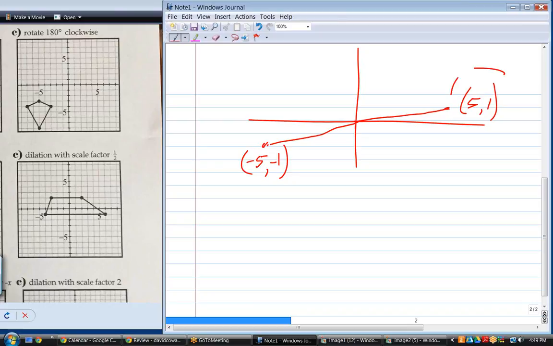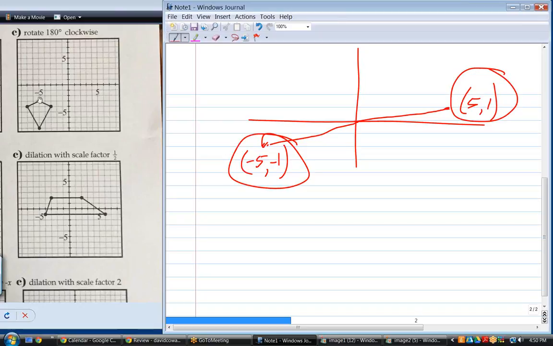What did I do to get from 5, 1 to -5, -1? You just change the sign. That's the rule. When you're doing a 180-degree rotation, whether it's clockwise or counterclockwise, you just change the signs. In other words, you don't switch the numbers. You just change their signs.